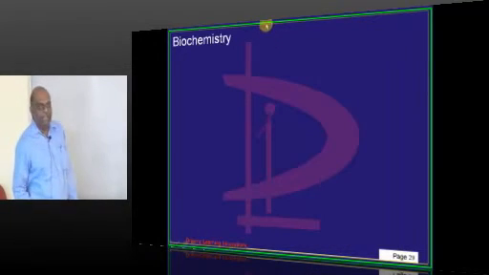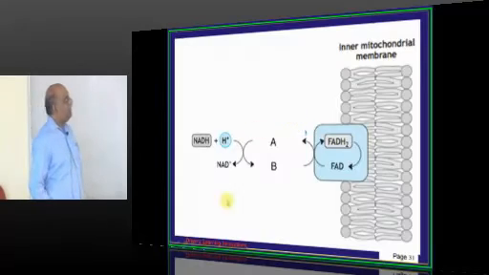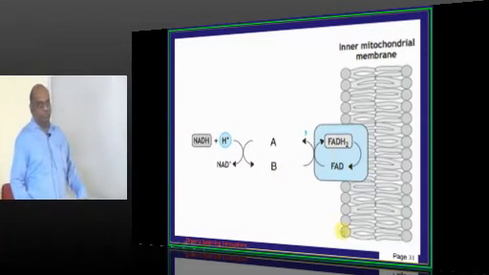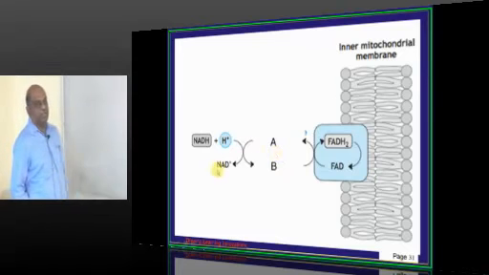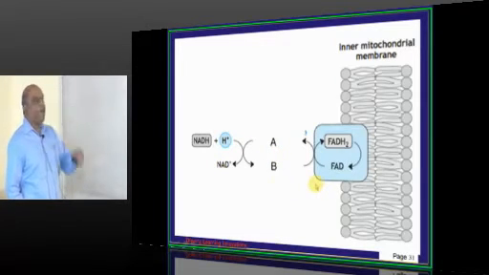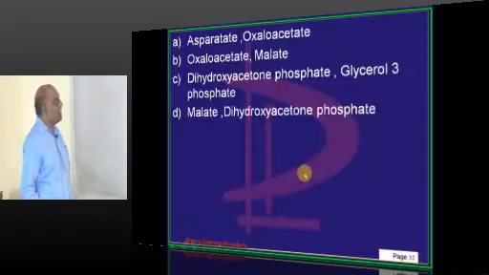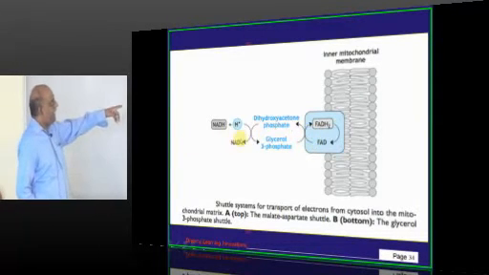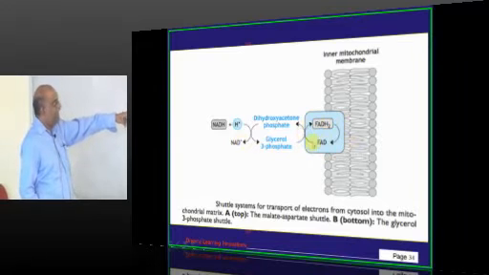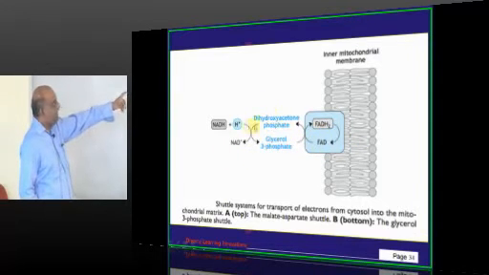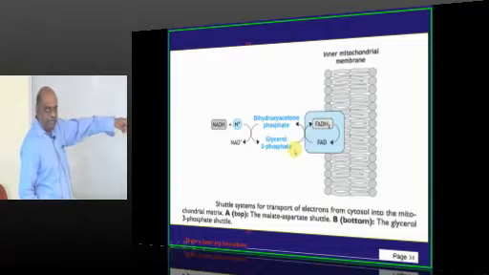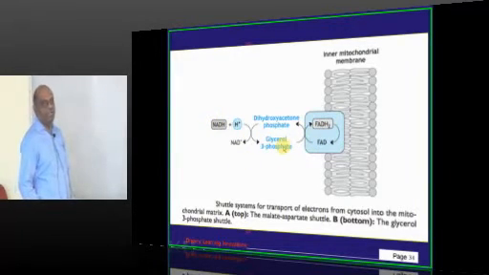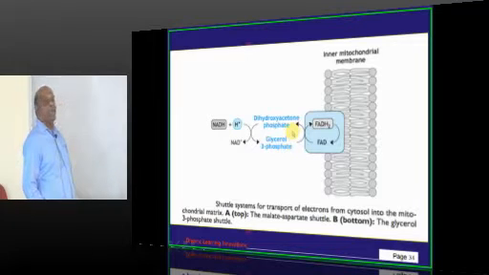Now you have a shuttle system. Whenever FADH2 gives its electrons, there is production of only 2 ATPs. So what is the cause for that? Basically FADH2 becomes FAD, and in the process there is a conversion between dihydroxyacetone phosphate and glycerol 3-phosphate, and once more the interconversion of that will translate into transfer of the electrons.